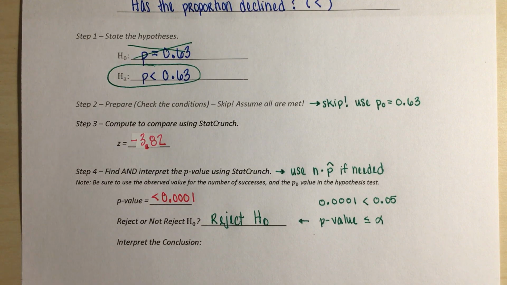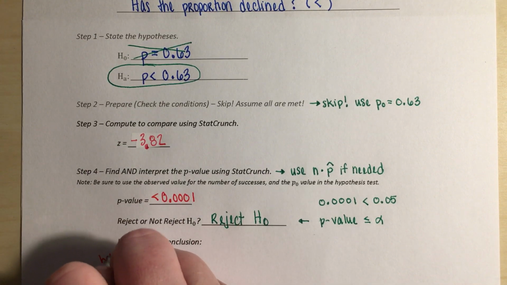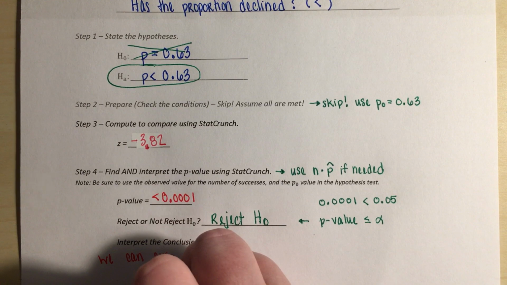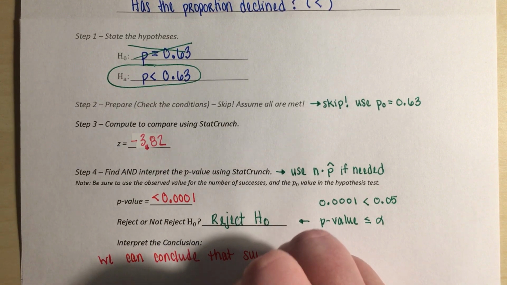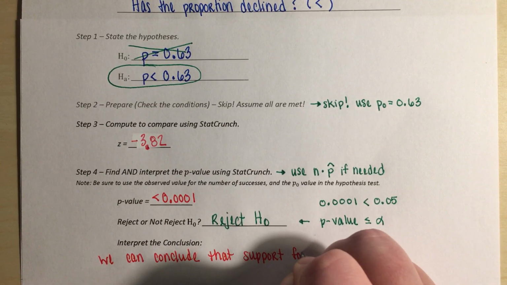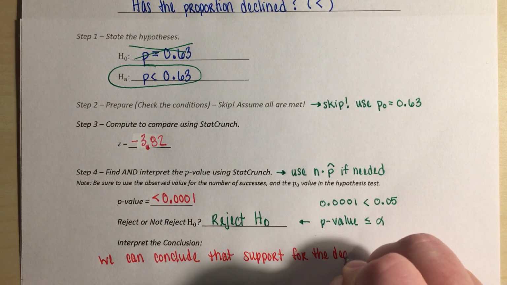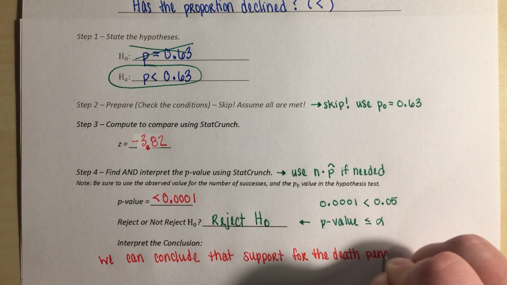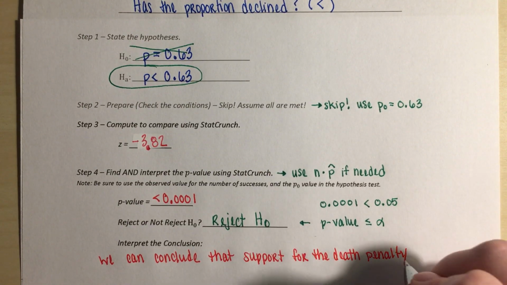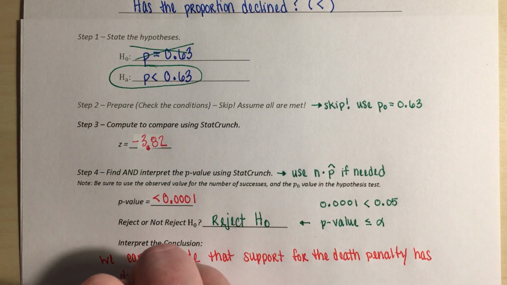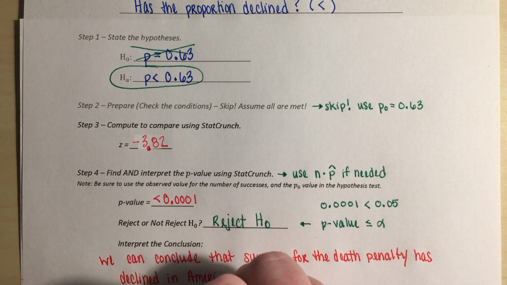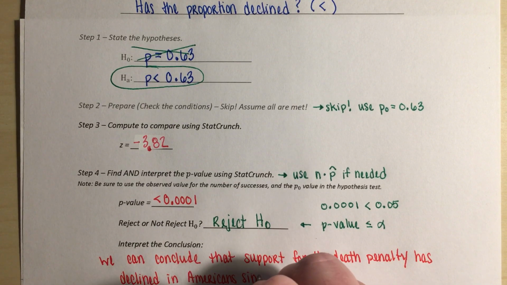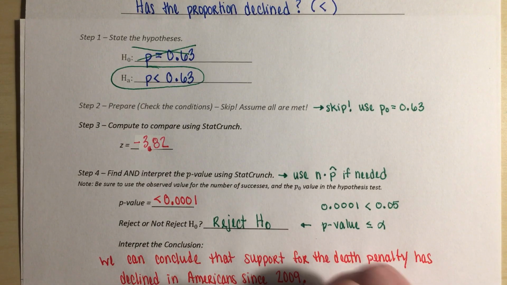And then our conclusion. We have that P is less than 0.63, so we can conclude that support for the death penalty has declined in Americans since 2009.